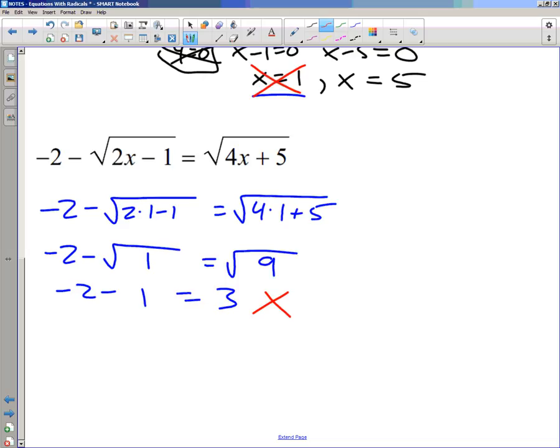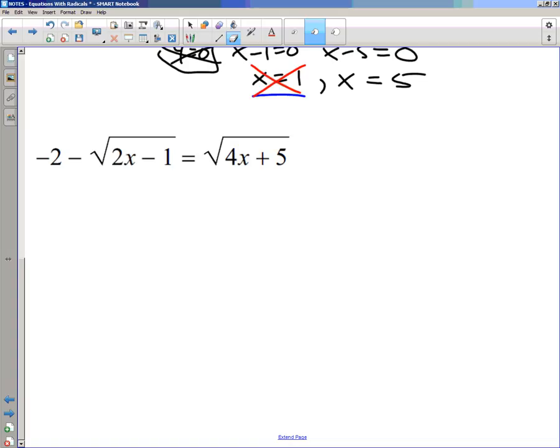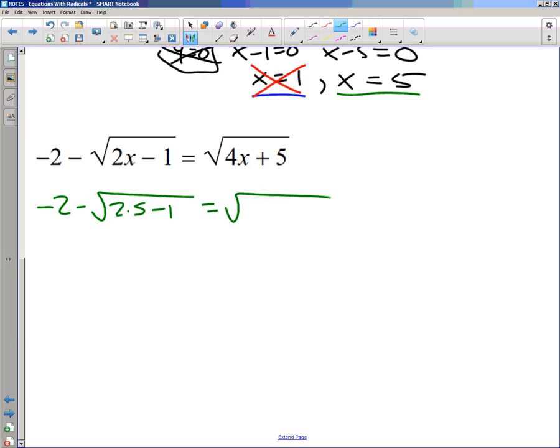All right. Let's go back and check our second solution, which was 5. All right, so simplifying. 2 times 5 is 10, minus 1 is 9. 4 times 5 is 20, plus 5 is 25.